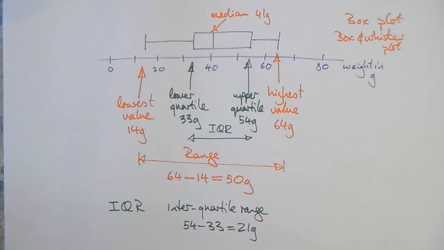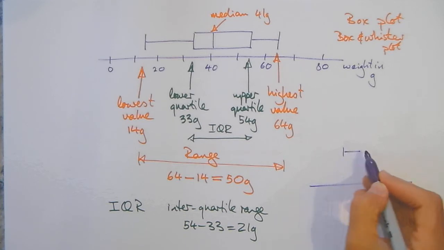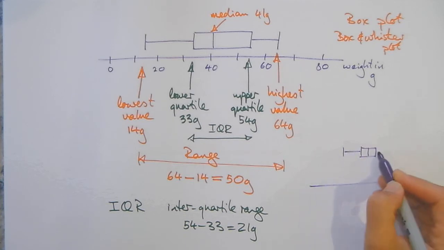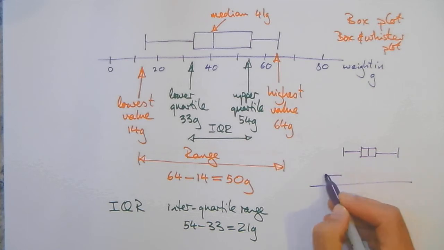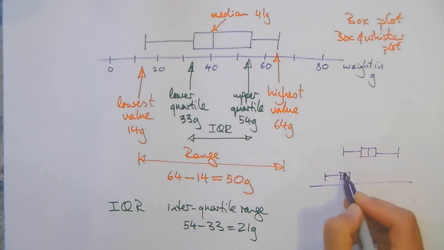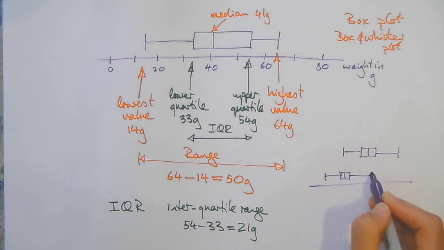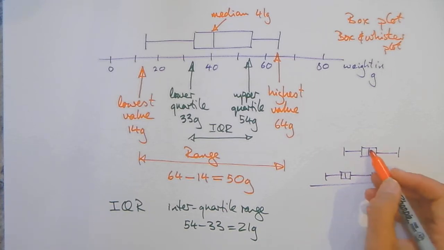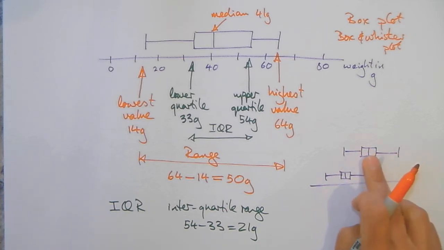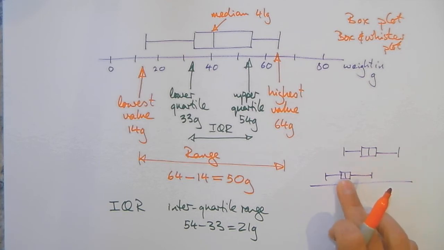Let's say you were comparing two box plots. Let's say we had a scale and you had a box plot like this and a box plot like this. You might be asked to compare them. You'd be able to say, oh look, this one has a far higher median than this one.